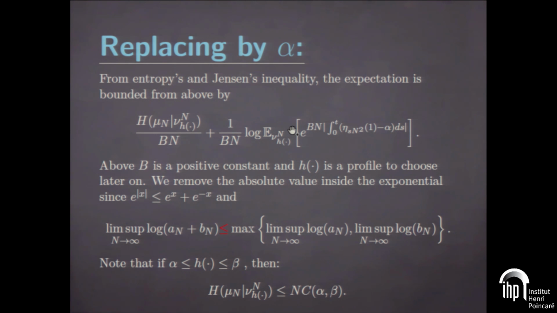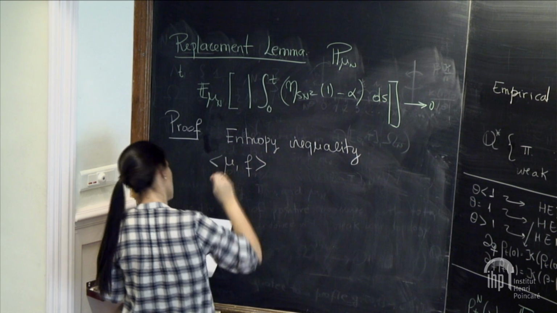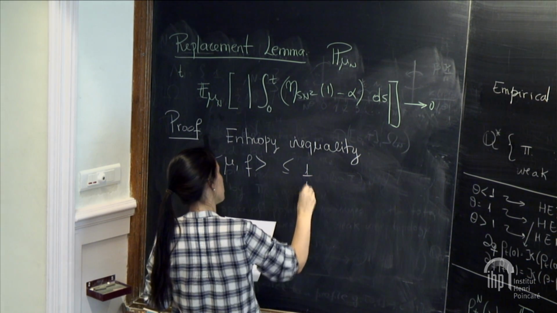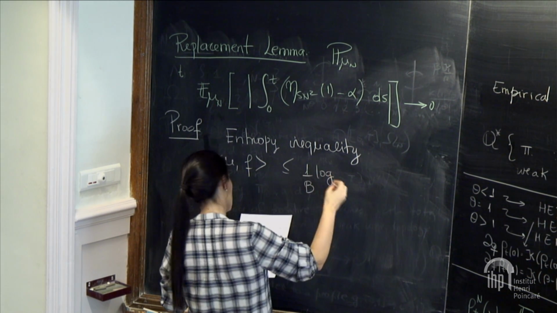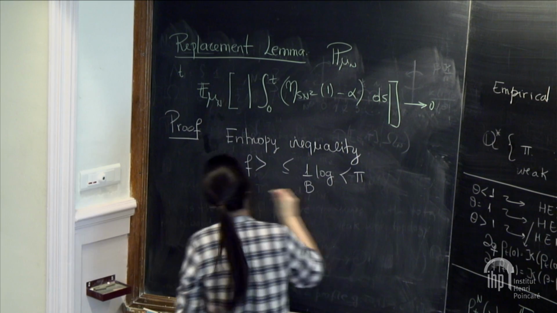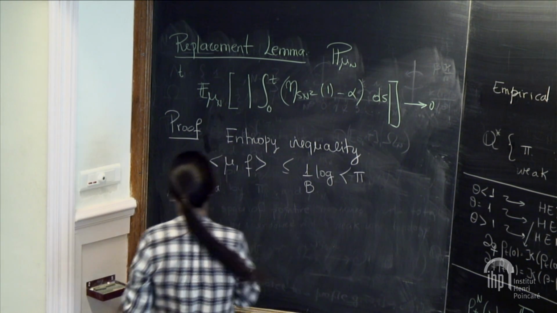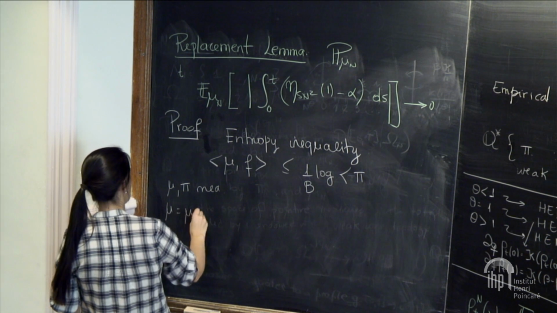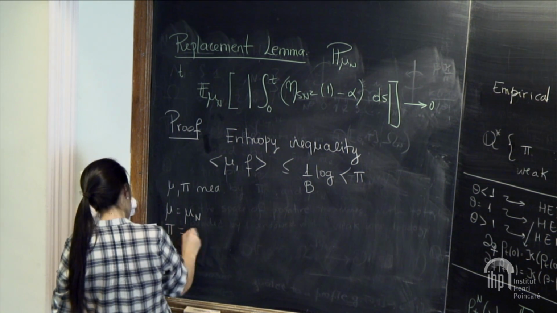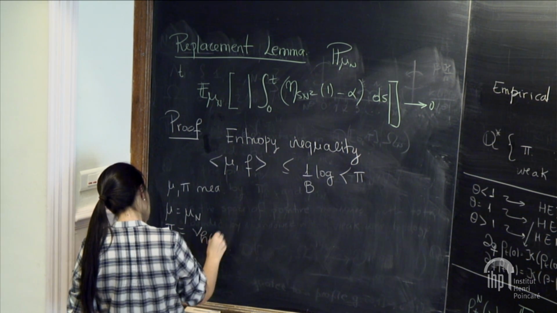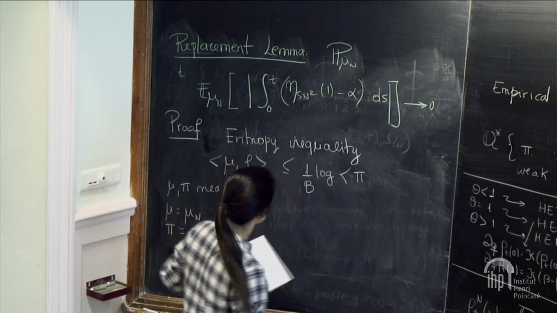So entropy inequality says that, let me use this notation. This is bounded by 1 over b log, where mu and pi are measures. I want to apply it with mu equal to mu n, and pi is a certain measure, and I will just say who is this measure now.